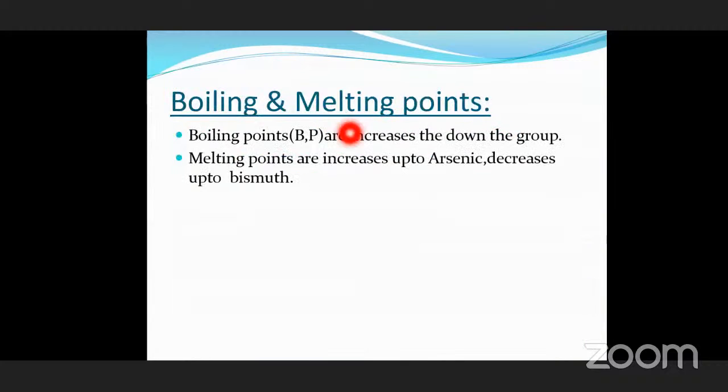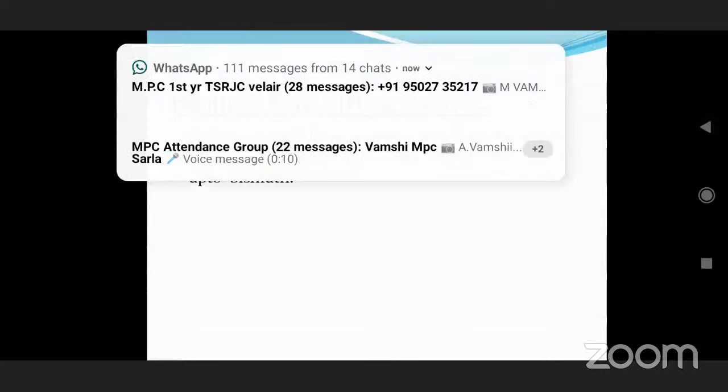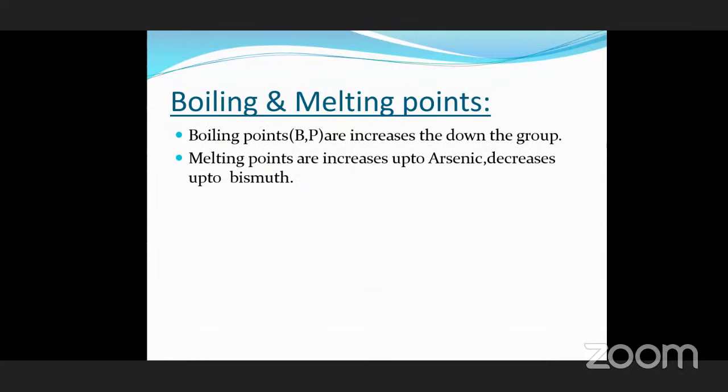Right. Then I told you the meaning of boiling and melting points. Boiling point means the conversion of liquid into gaseous state. Similarly, the conversion of solid into liquid is called melting point. Generally, boiling points, represented by BP, increase down the group.